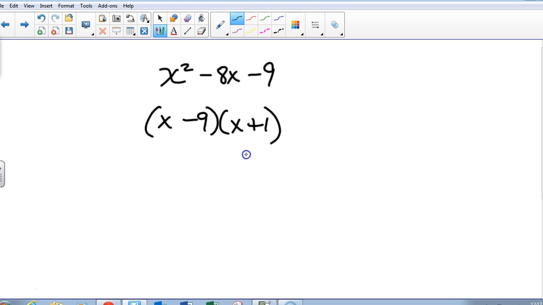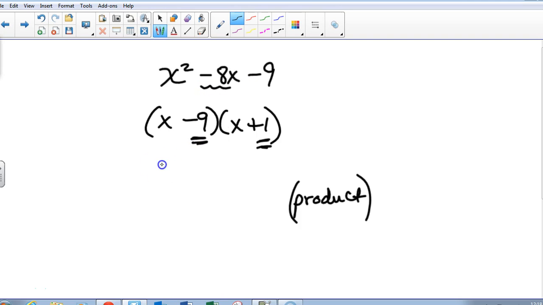Okay. These two numbers right here had to do what? They had to multiply to make this number, right? That's called the product, yes? Okay. That number at the back had to be the product. Okay. Then they also had to do what here?